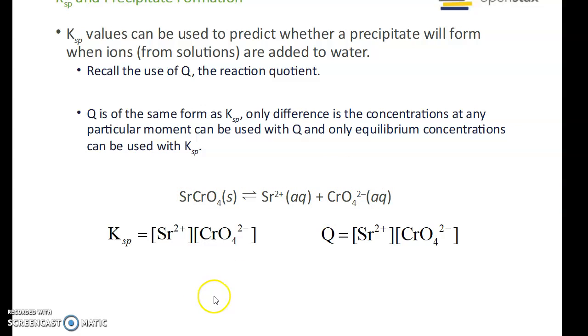Q is the more general term. The KSP only exists at particular points where you actually have equilibrium established between the ions in solution and the solid that's not dissolved in the solution.